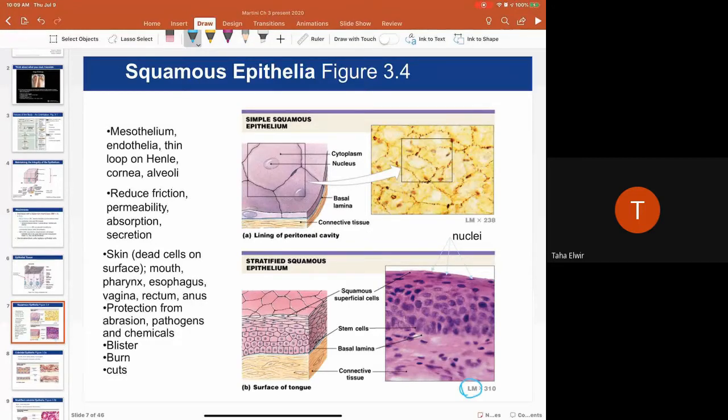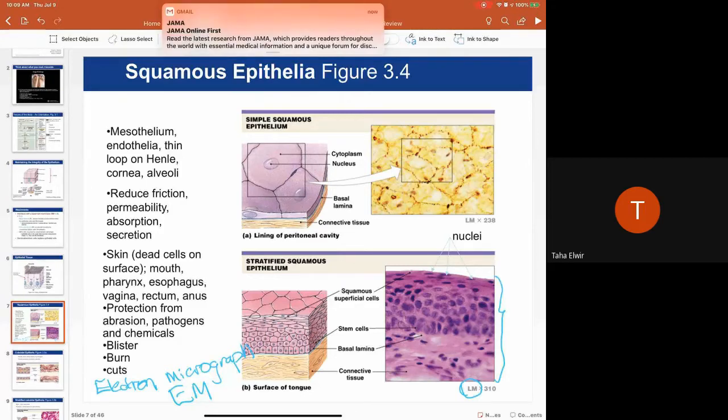There's another type of image which is really highly magnified, and that is an electron micrograph, or EM for short. It's going to be a gray scale like the MRI, but it's going to show you a higher magnification of the structures that you see in the light micrograph.